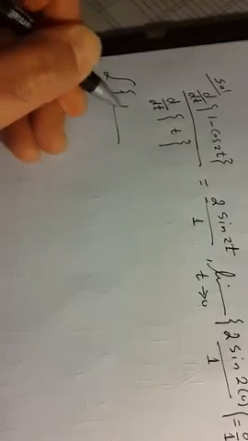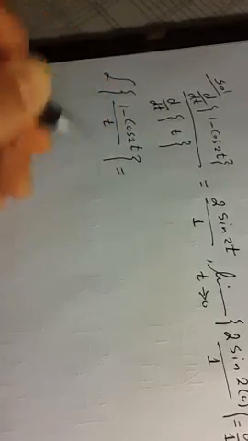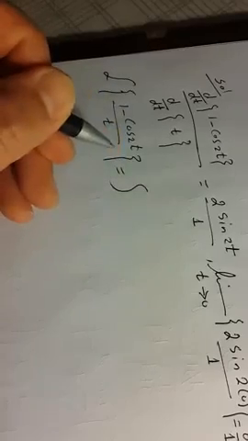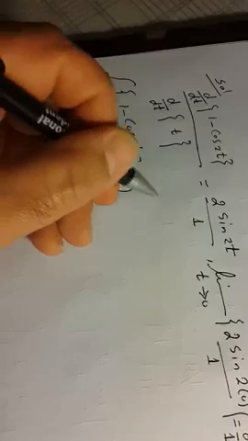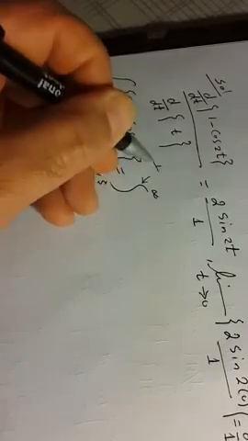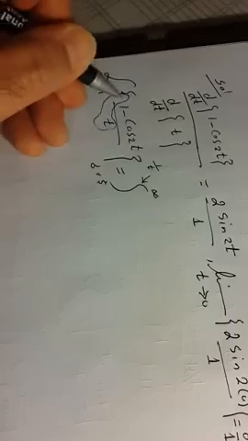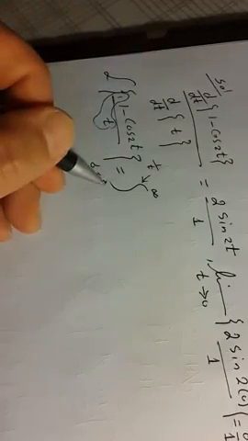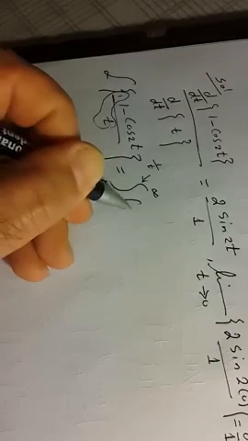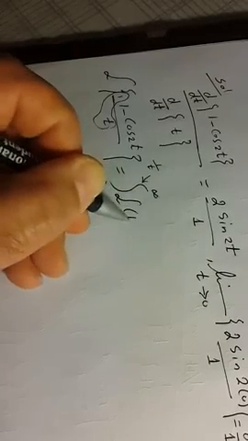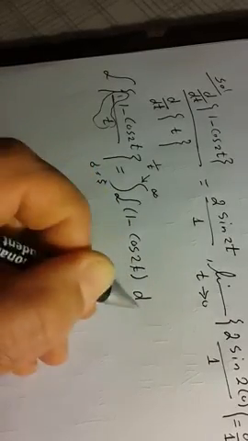The Laplace transform of the function 1 minus cosine 2t over t equals the integration where sigma starts from s to infinity of 1 over t applied to the function, and don't forget to take the Laplace transform of the top, cosine 2t, d sigma.